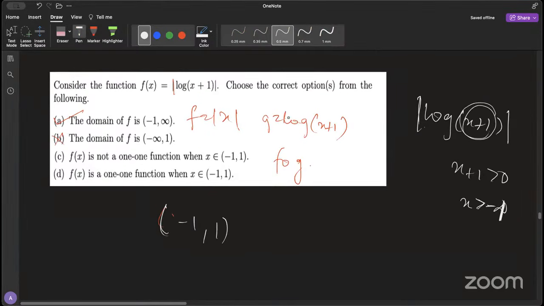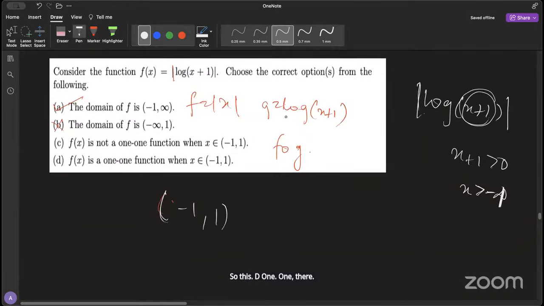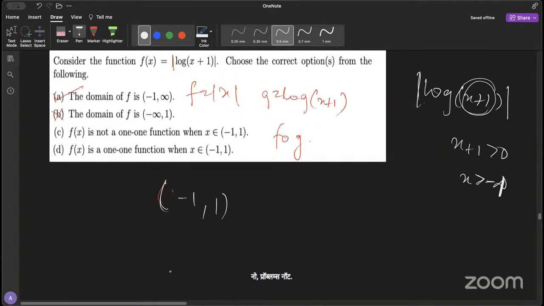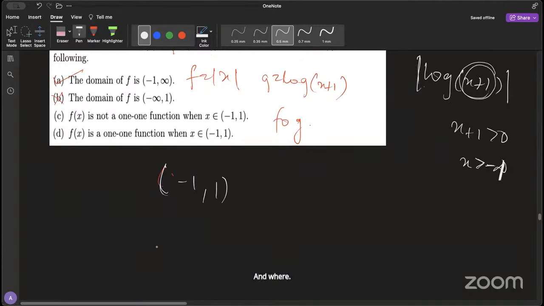So this g is 1-1. There's no problem there. But mod x, this function, is not 1-1. Let's check when is our mod function 1-1. In what domain do we have mod x 1-1?